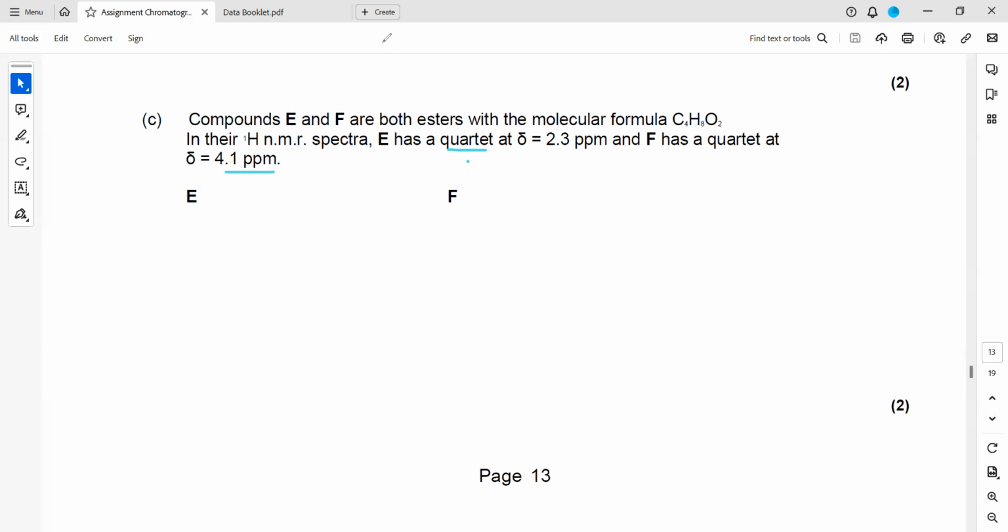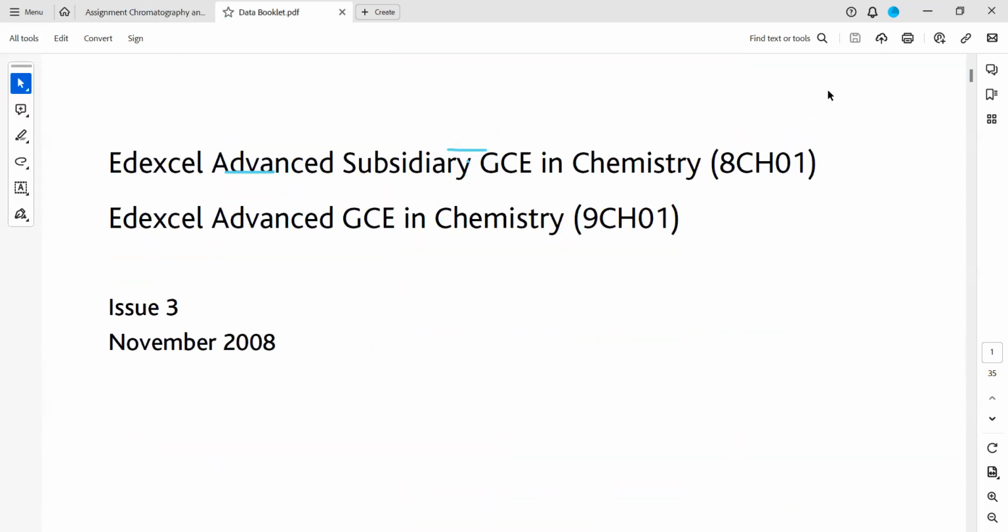So for this, you have to use the data booklet to identify what 2.3 parts per million and 4.3 ppm suggest, which group is there. So we have 4.3, 2.3, and 4.1.